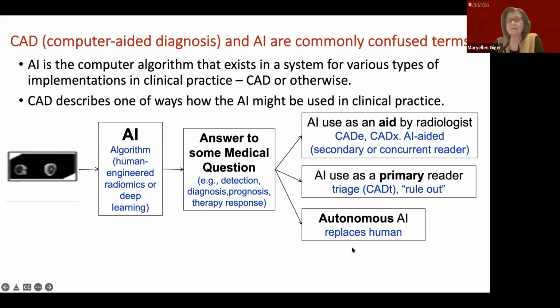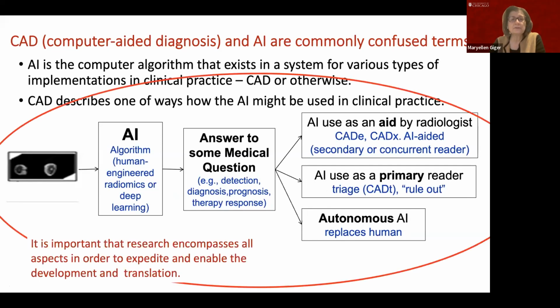Or will it be an autonomous AI system that replaces a human, which I don't think will happen. So it's important in AI research to have your research encompass all aspects in order to expedite and enable the development and translation. You can't develop AI without knowing the medical question or even without knowing how it might be used.